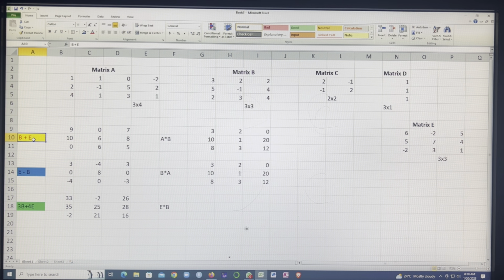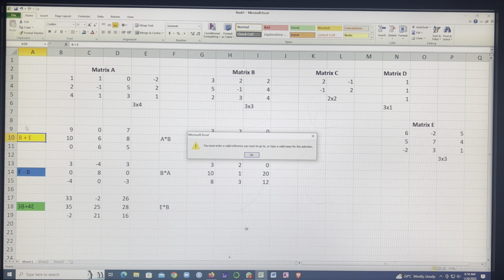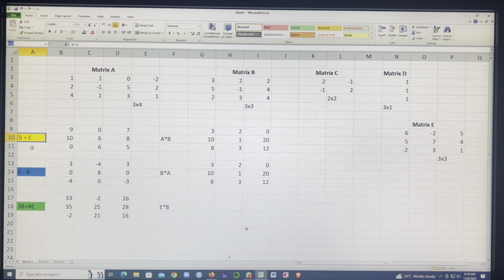That is for this one. Since this is a new matrix, I will call it matrix A, for example, and I enter.